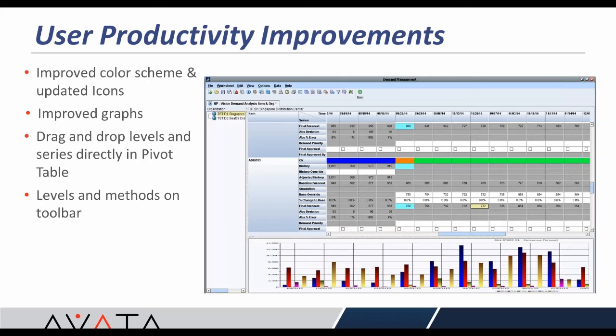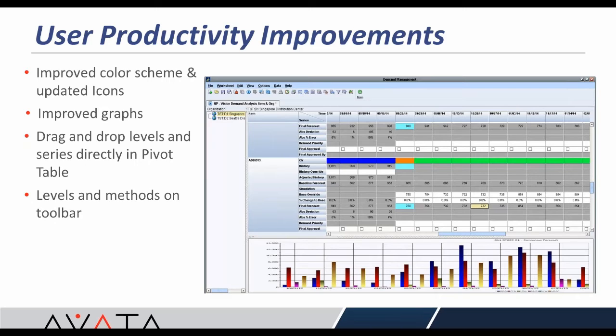One of the other enhancements I thought was really key: if you remember the early days of Demantra, the dates would only be on the horizontal axis, and your series had to be in columns, which a lot of people didn't understand, since it's not a traditionally common way of viewing it.